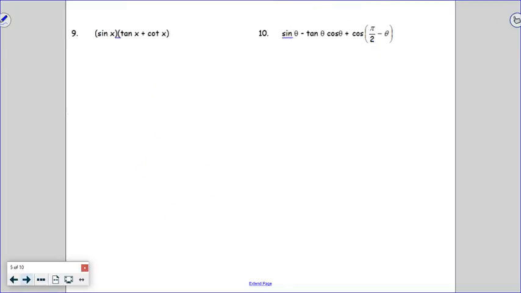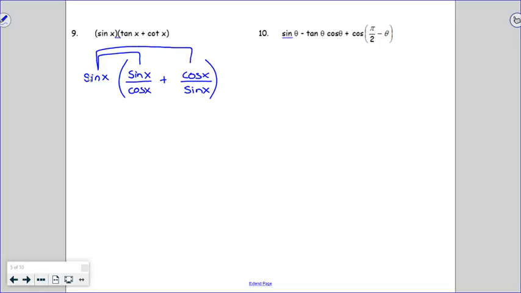In number 9, I decided to get the inside to be in terms of sines and cosines, so I first rewrote tangent as sine of x over cosine of x, and cotangent as cosine of x over sine of x. The next thing I did is I took that sine of x and distributed it.